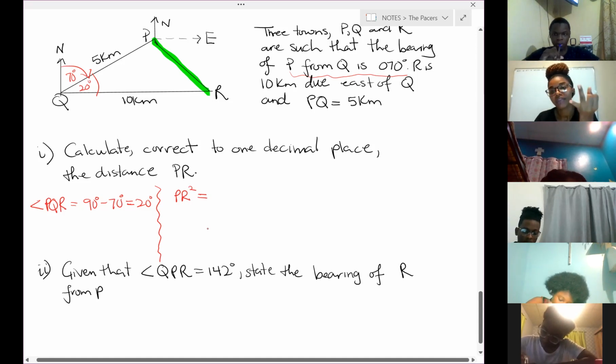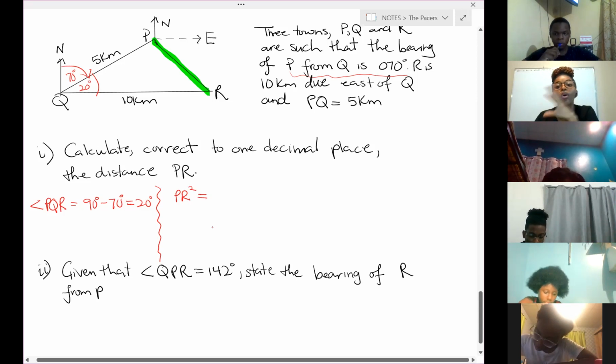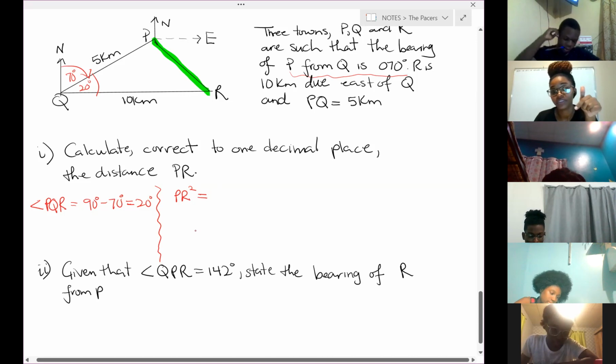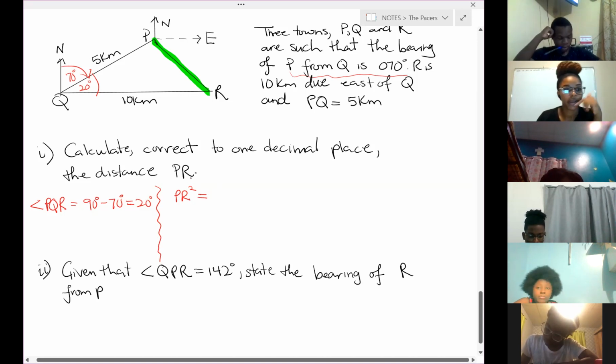Bearings, cosine rule, sine rule, Pythagoras theorem, rules for trigs for right angle triangles, which is SOHCAHTOA. All of these things are going to come in, and I believe that I taught these things in detail so that we can see it and go forward now, right? This is not the time to be doing revision.